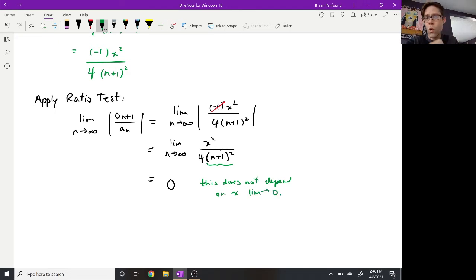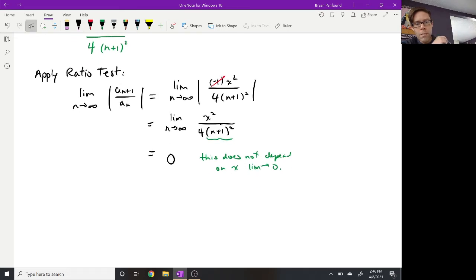So it really doesn't matter what we were to put in for x, because the limit really only is telling us what to do when n gets really, really big. And as n gets really, really big, those denominators are always really, really big, no matter what that parameter is for x. So this limit's going to tend towards 0.